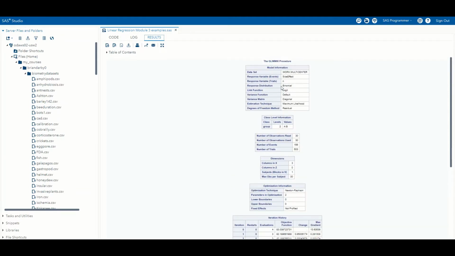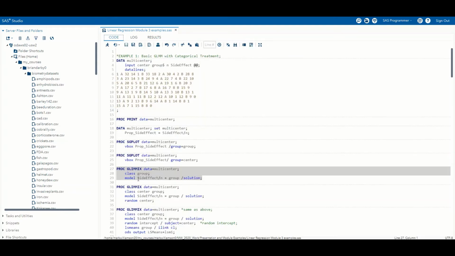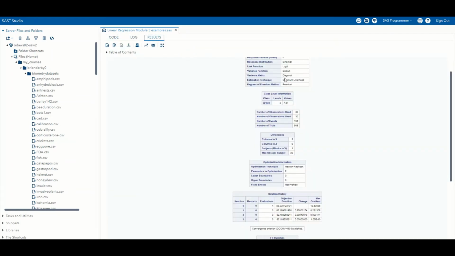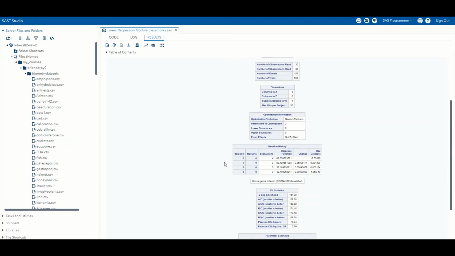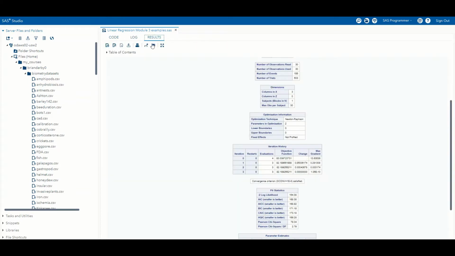The main idea is this is a binomial. Since we actually set this up as side effect over n, it knows that we're doing a binomial response distribution. If we used this new variable we had here, we would have had to set our own distribution. So just a heads up here.